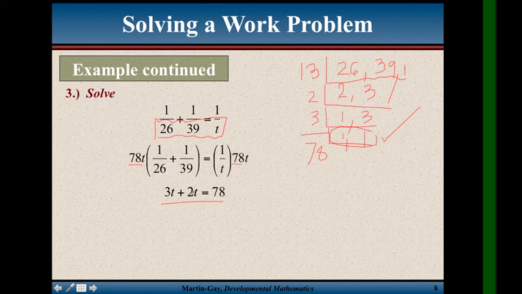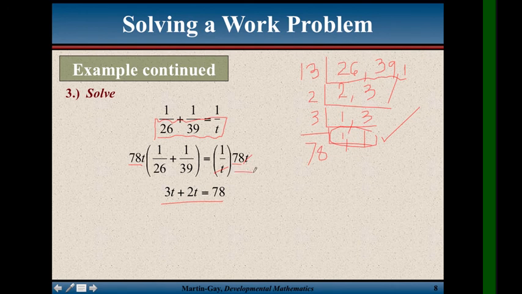Okay? Then 2 times 1 is 2. Then copy letter T equals. We have 78T divided by T. Since 1 lang yan, 78 yung answer. And meron tayong dalawang T, so we can cancel the T. So we have 78 times 1 is equal to 78.